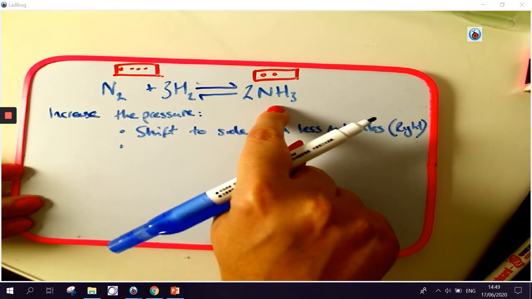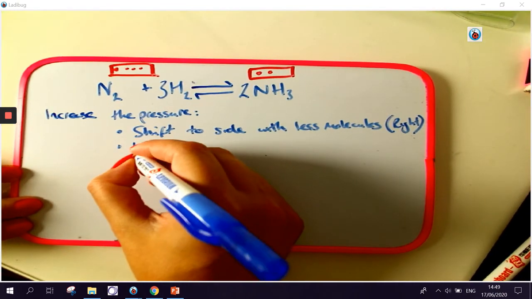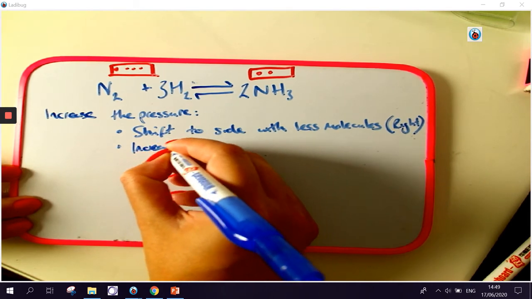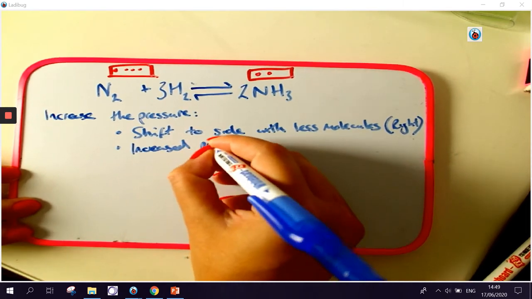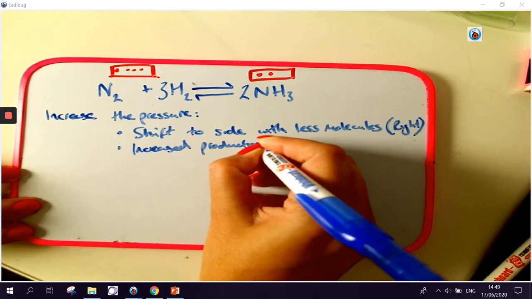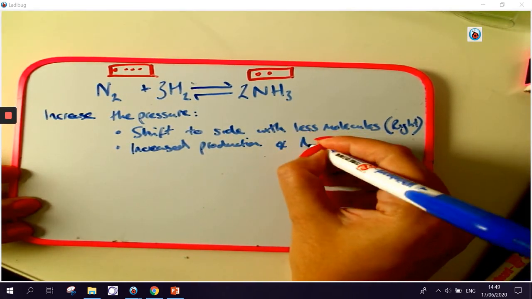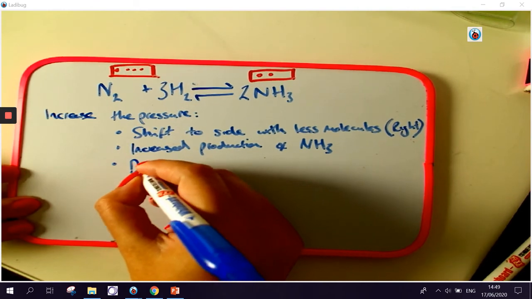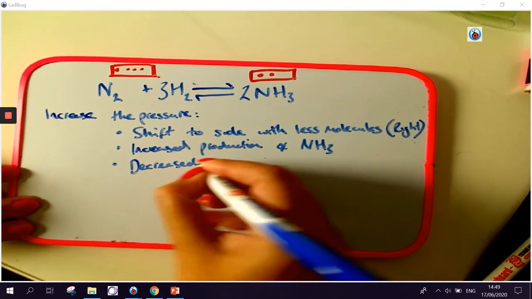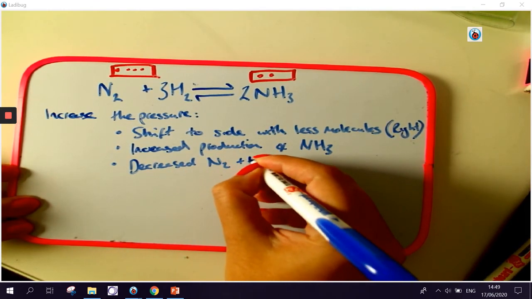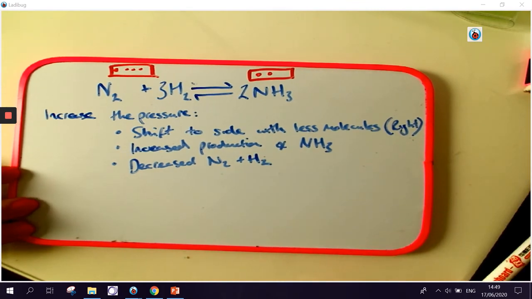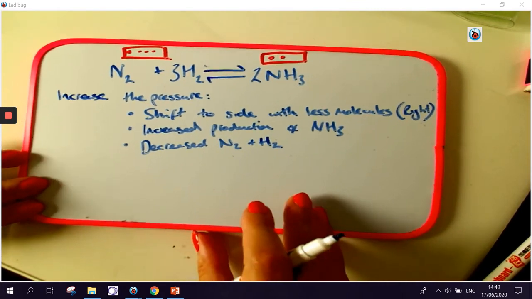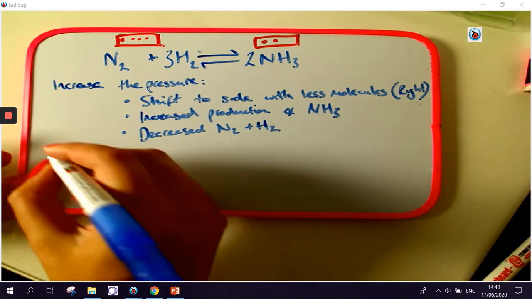That means we're going to get a higher yield or an increased production of ammonia and decreased nitrogen and hydrogen. So what would happen if I decrease the pressure?